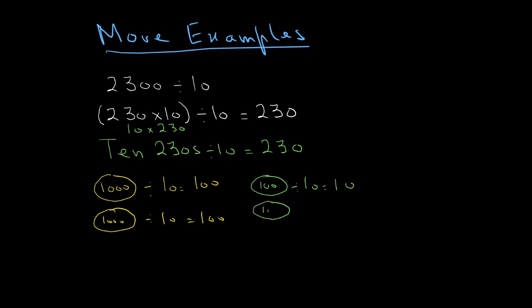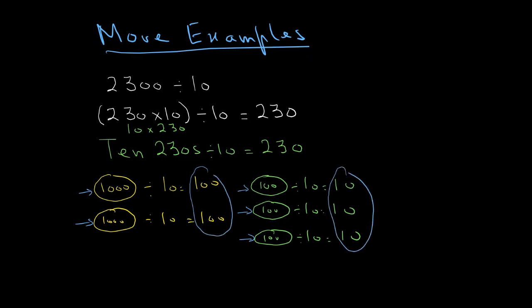If you have another 100, you get a 10, and another 100, you get a 10. So because you have 2,000 and 300, if you divide everything by 10, you're going to get 230. That's another way to think about it. But I think the first two ways are more efficient and cleaner. So what we are learning is, when you're dividing by 10, you're just removing a 0. No big deal. So let's try another one.